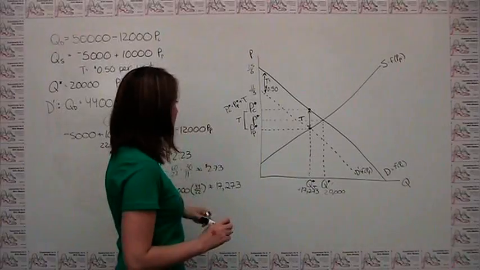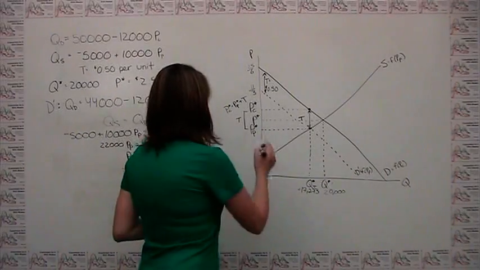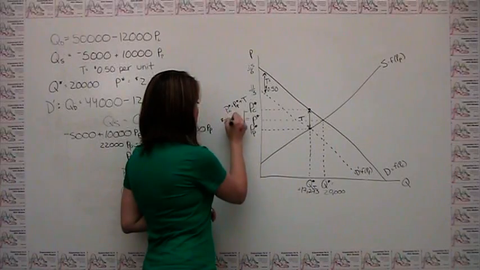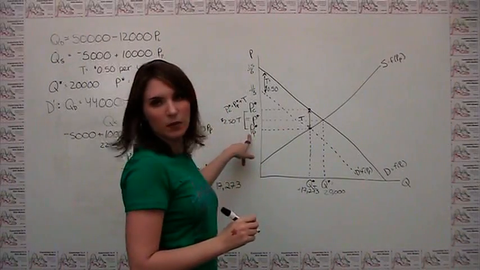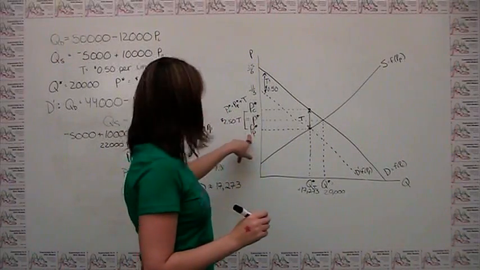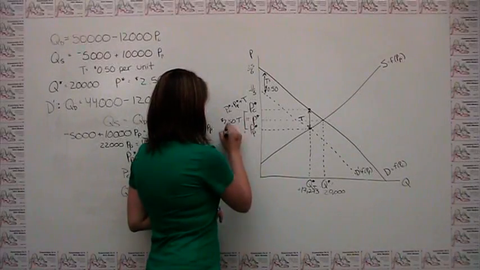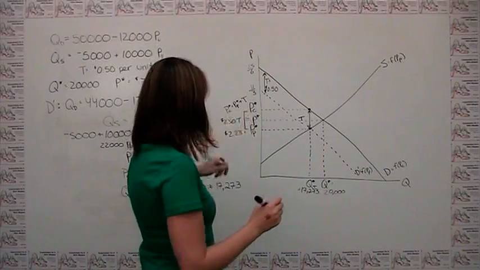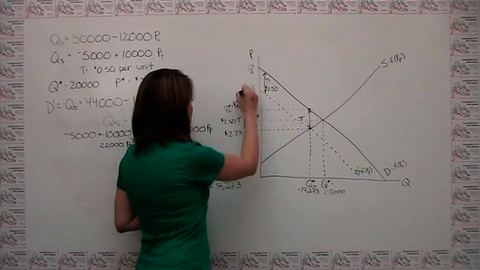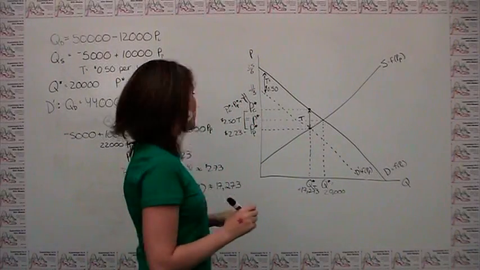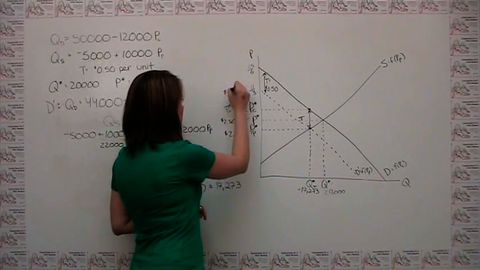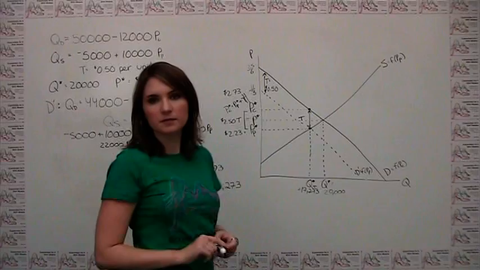We can also talk about the prices. We can say that this original price here was equal to $2.50. The price to the producer, when we have the tax, is our $2.23. And the price to the consumer, sorry, this is getting messy, is equal to this $2.73.